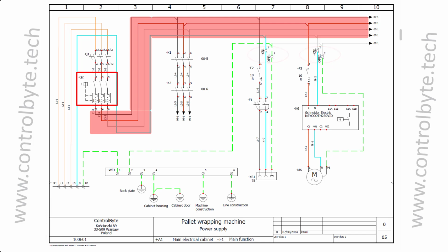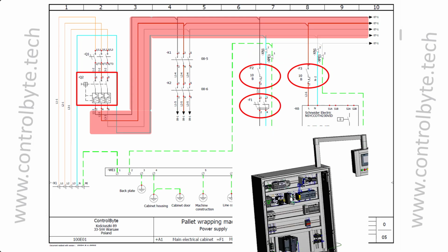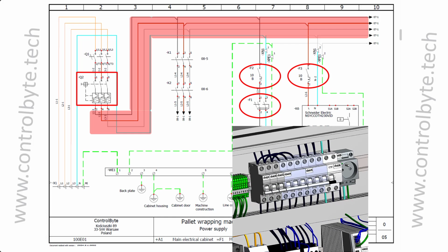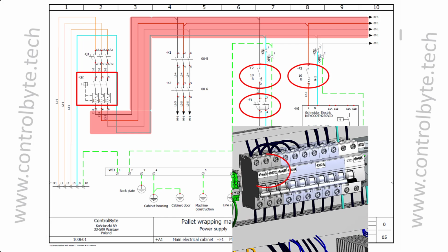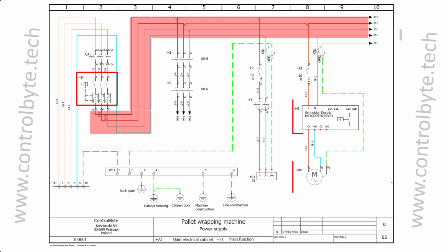In this schematic, power is distributed to components such as miniature circuit breakers F1, F2, and F3, electronic thermostat K6, and the motor M6. These devices rely on the proper routing of power from the terminal strips to operate effectively.